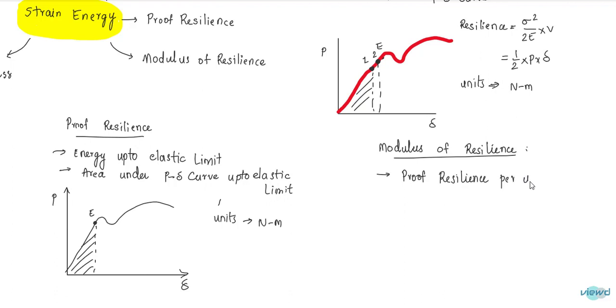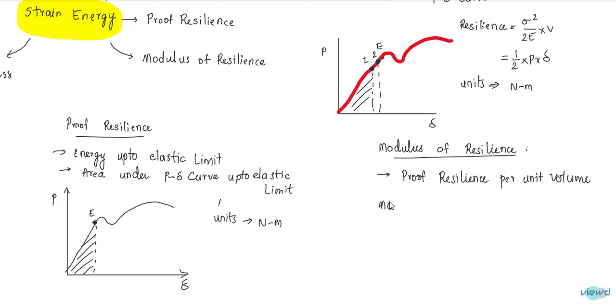So what is proof resilience? Proof resilience means up to elastic limit, the energy up to this maximum point. The energy absorbed is called proof resilience, and it is the area under the P delta curve up to elastic limit. And modulus of resilience means proof resilience per unit volume.